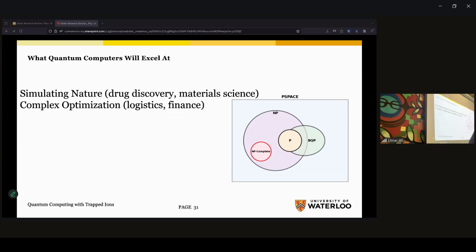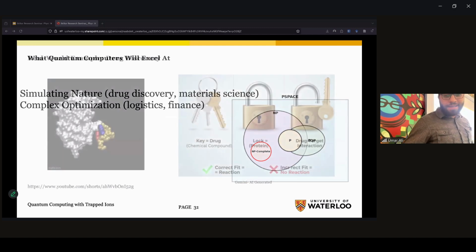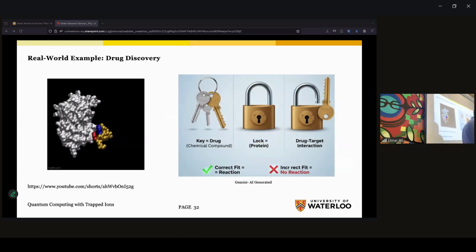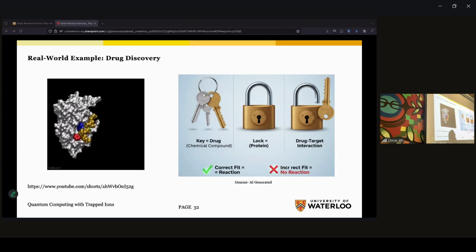One good thing quantum computers can do is simulating the quantum nature itself, right? And how can we use this?